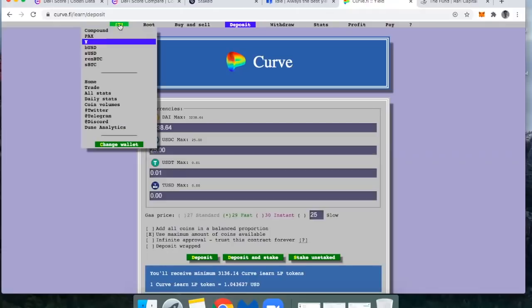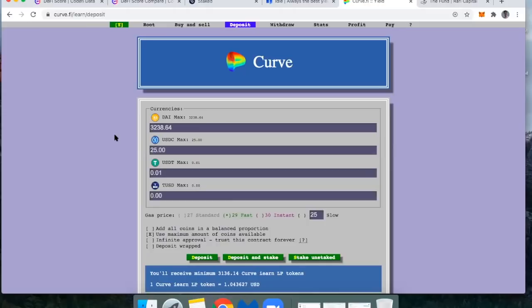So the one pool in Curve that you would want to check out is the Y pool. The Y pool is based off of IEARN.FINANCE. IEARN.FINANCE is a yield bouncing strategy that is powering this Y Curve pool.